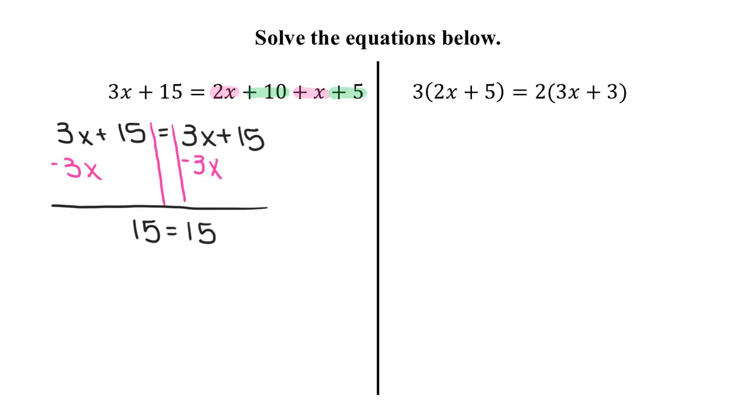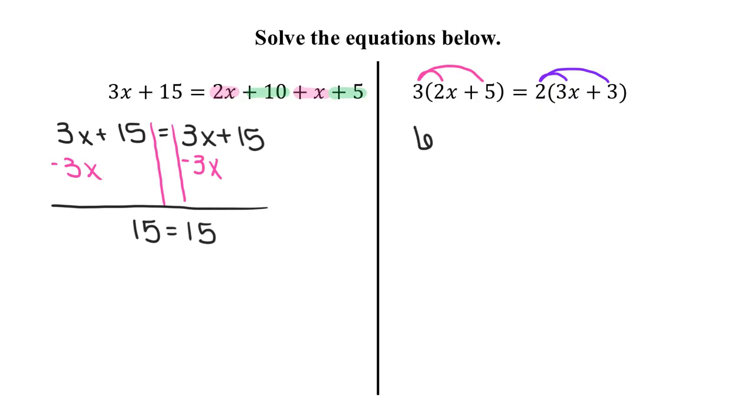All right? Well, what happened on the other problem? We're going to hold on that one. We're going to look at the other one. And what would our first step be on the right side of the problem? Okay, so we're going to distribute on the left and distribute on the right. What's the left expression going to be? 6x plus 15.